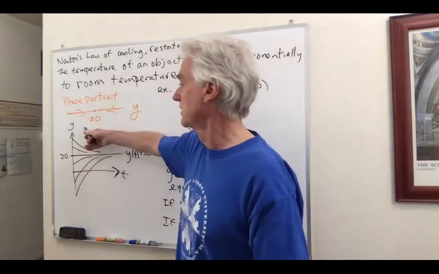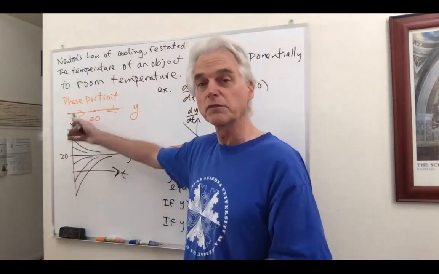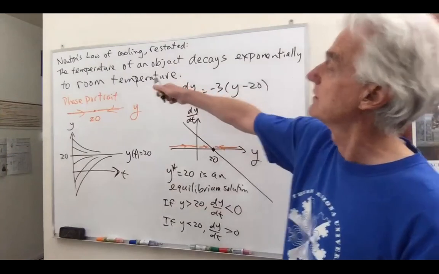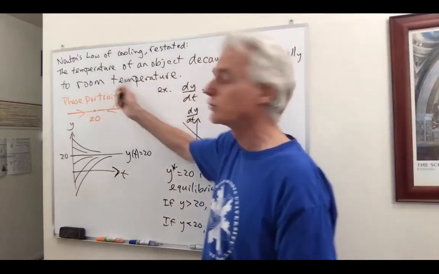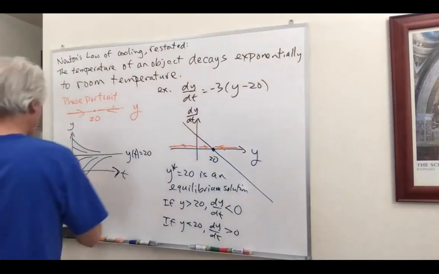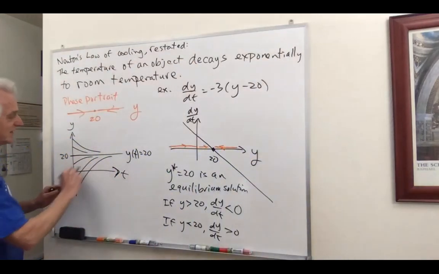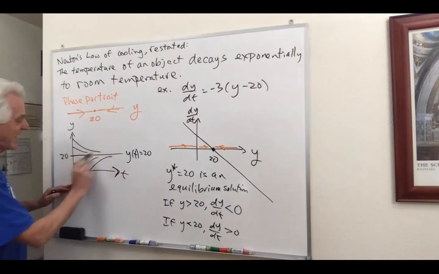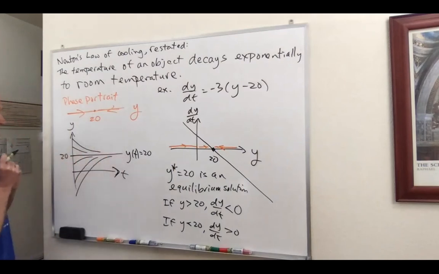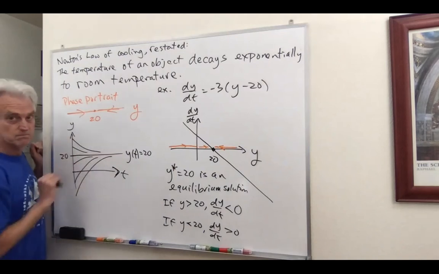Whatever the temperature, above or below the room temperature, as time goes on, the temperature of an object decays exponentially to room temperature. And I know this might not look like decay, but this is really also, at least mathematically, a decay toward the room temperature of 20. The temperature difference decays to 0.